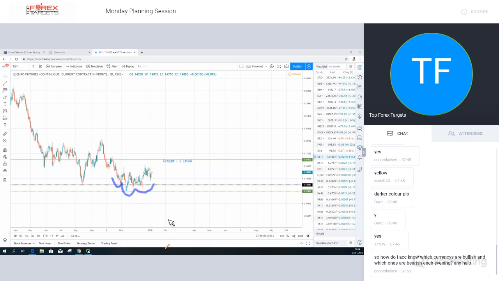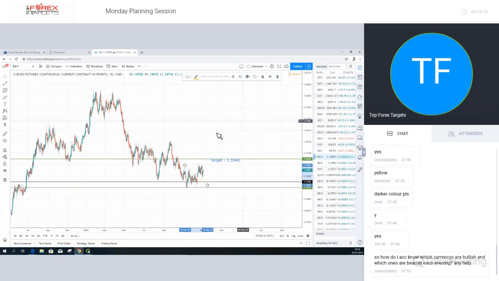So we've had this reversal head and shoulders pattern in the euro index, and what this is pointing to for the time being is a reversal at the end of a 5th wave.